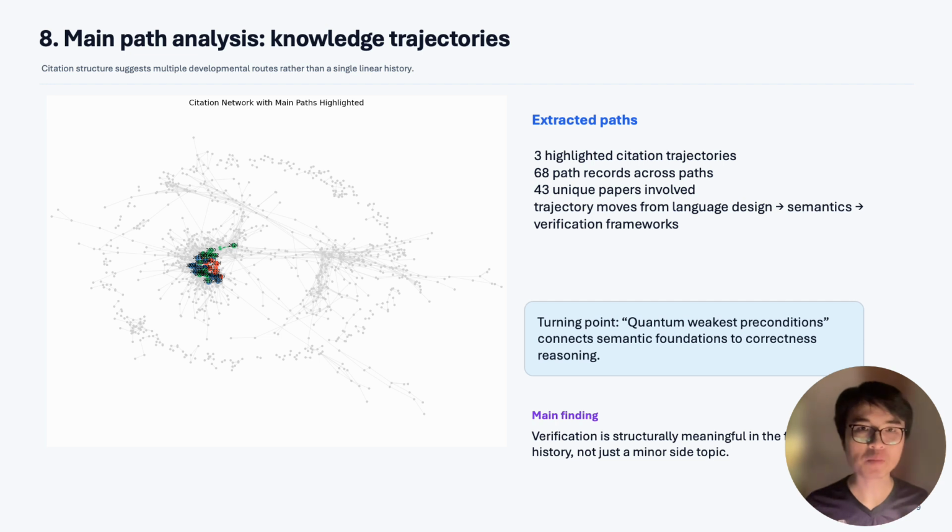There are overlapping paths: early language design, semantic foundations, practical frameworks, explicit verification. The paper by Ying and colleagues on quantum weakest preconditions is especially important because it links semantic foundations with correctness reasoning.